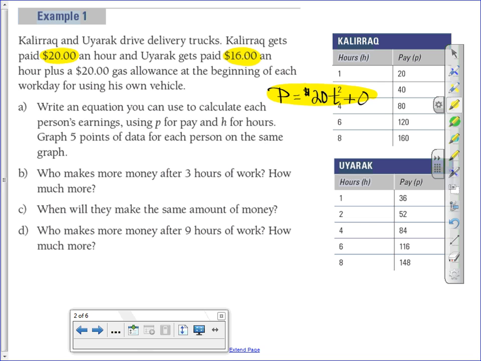It all depends on time. Whereas for the second person, the pay is less, $16 per hour, but they start off with the $20. So the equations are similar, yet different according to the rate of change. You're going to have to do that and answer questions like that.